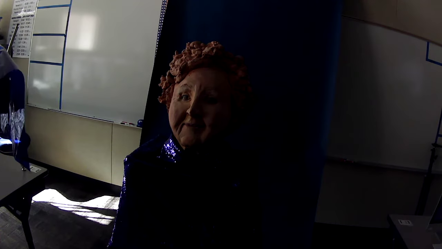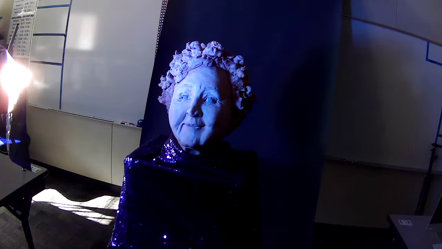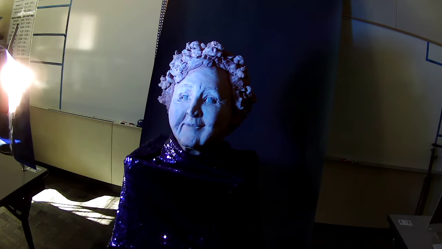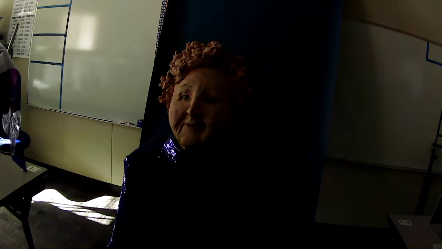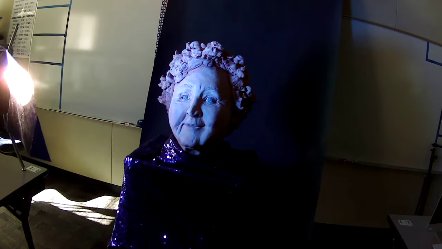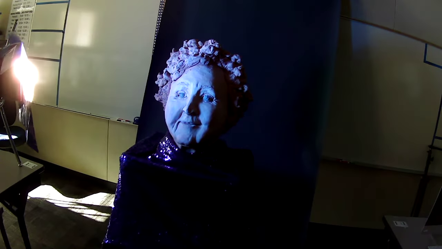Okay, so I'm going to turn on my prop just so you can see what it's doing. So it looks purple. That was the dull light. No, that was the bright one. So look how much duller it is with the bright light.